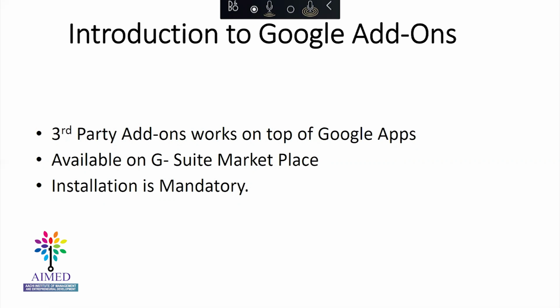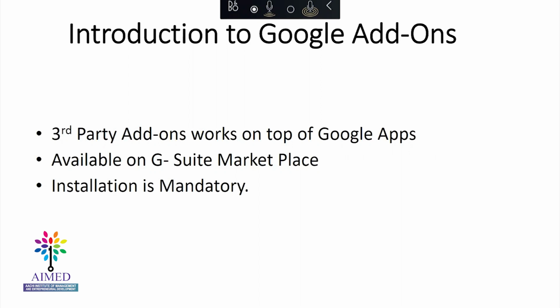Installation of these Google add-ons is mandatory to work with them. So today we are going to see 5 add-ons which are available for Google Forms, Google Documents and Google Sheets.